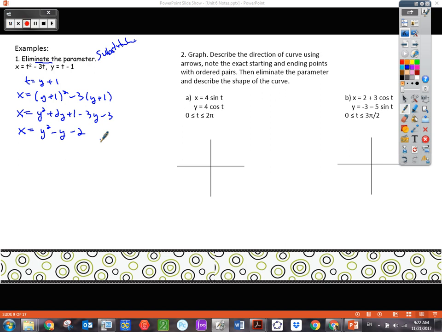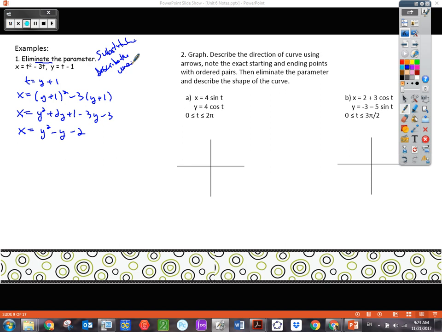What would that be? If you think back to your Algebra 2 days, what is that equation of? It's a parabola, right? It's a sideways parabola, isn't it? This is a parabola that opens which way? Does it open right or left? It opens right. So we're going to describe the curve.